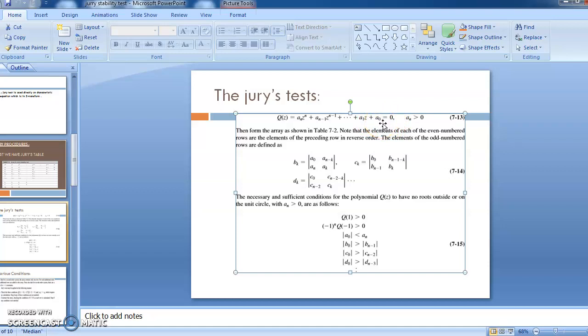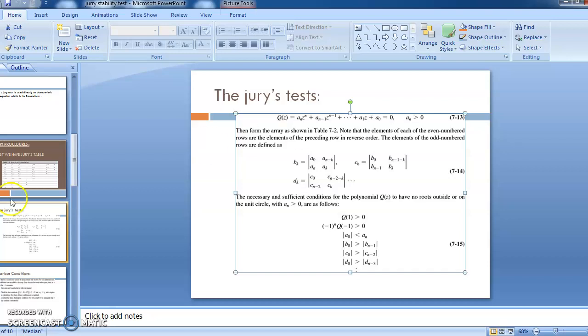That means the coefficient of z to the power zero is a0, the coefficient of z is a1, the coefficient of z square is a2, and so on, and at the end the coefficient of z to the power n is given as an, right?